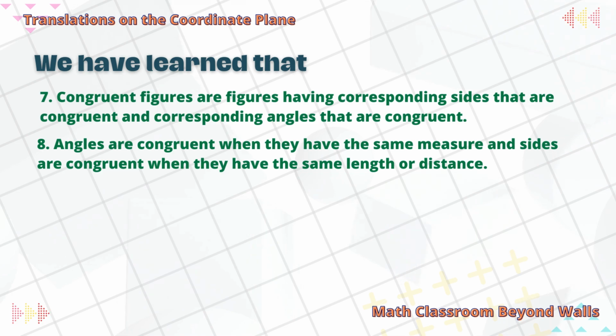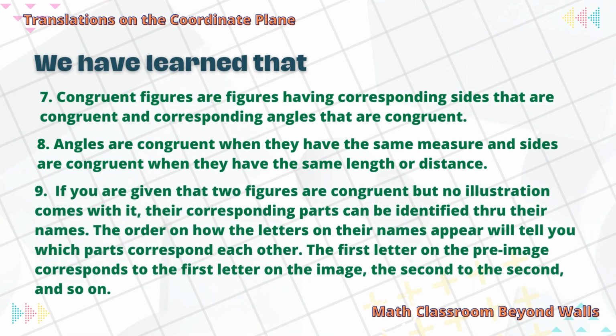Eighth, angles are congruent when they have the same measure, and sides are congruent when they have the same length or distance. Ninth, if you are given that two figures are congruent but no illustration comes with it, their corresponding parts can be identified through their names. The order in which the letters in their names appear will tell you which parts correspond to each other.